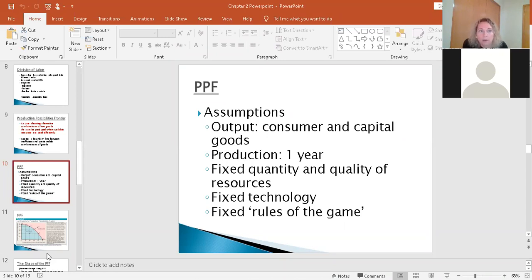For the most part, it's regulations and laws. So anything government imposed is going to be a rule of the game. You have to abide by it if you're going to produce in this economy. The other thing that we throw in here too is customs of the culture. It is something we have to take into consideration because people in this country are vocal.